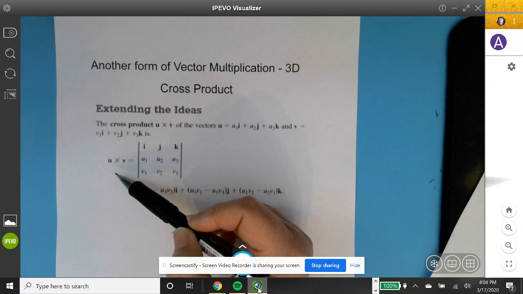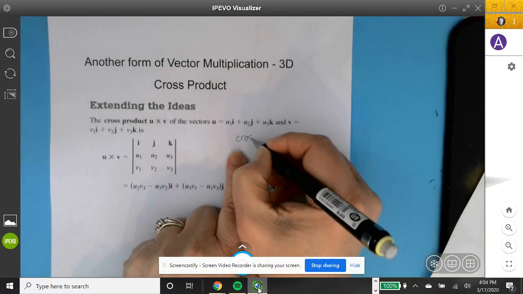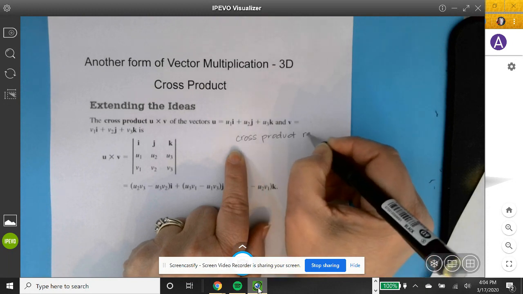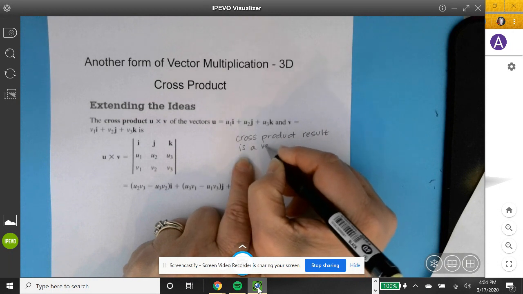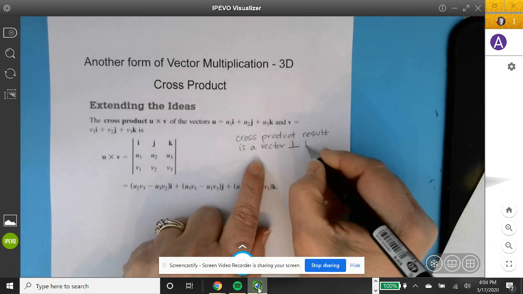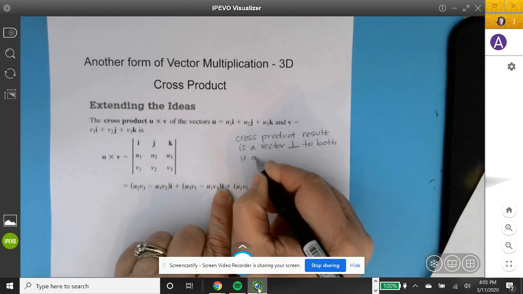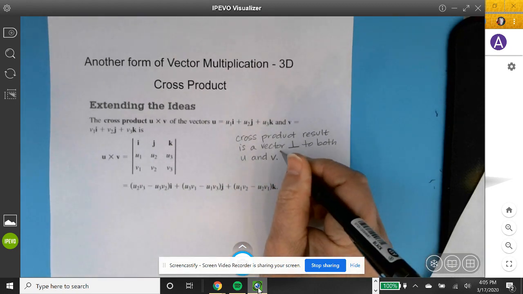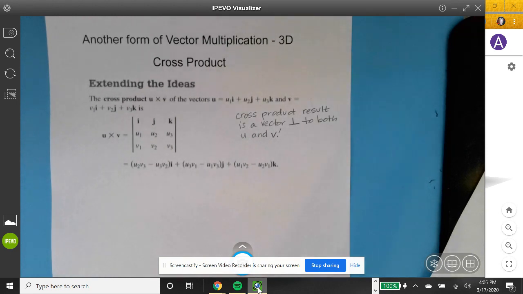The cross product result is a vector orthogonal or perpendicular to both u and v. So that's a unique geometric property, and I'll prove it with the dot product when we're done.